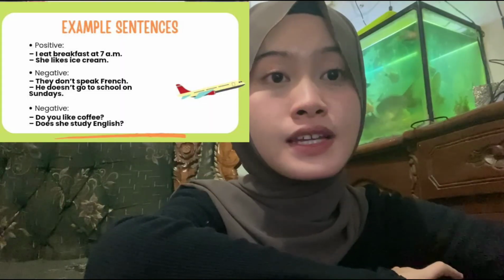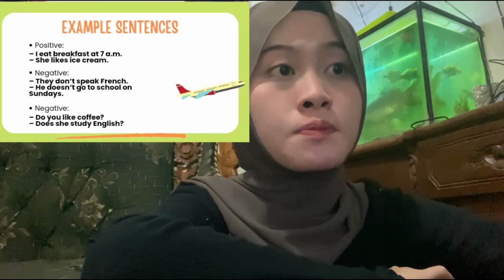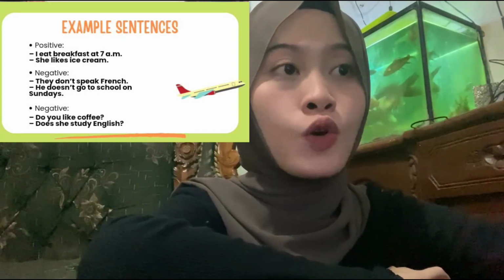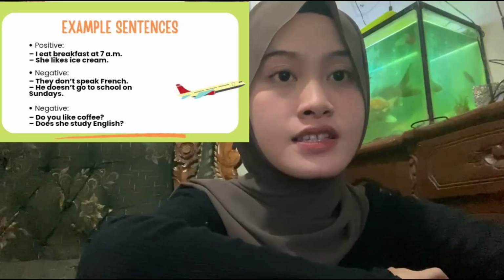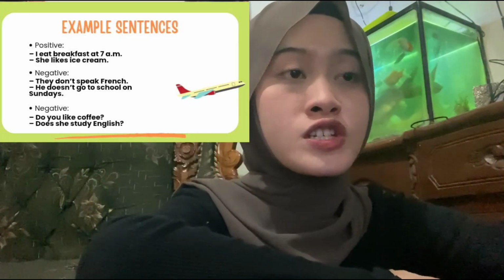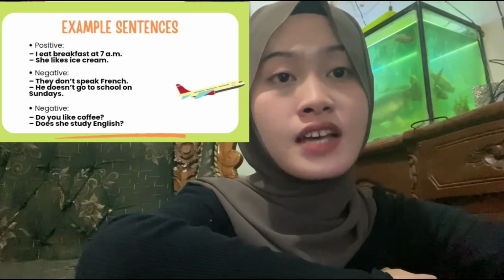Because the subject is she. And then for the negative, they don't speak French. And then he doesn't go to school on Sundays. For the question, do you like coffee? And then does she study English?